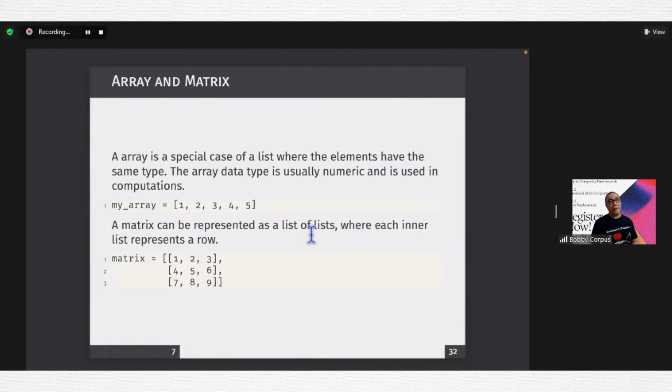Difference between an array and an ordinary list is that yung array is a specific type, no? Yung elements niya have the same type. For example, for integers yan, those are all integers, and the reason for that is gagamitin natin siya for mathematical operation. So matrix is just a list of lists.